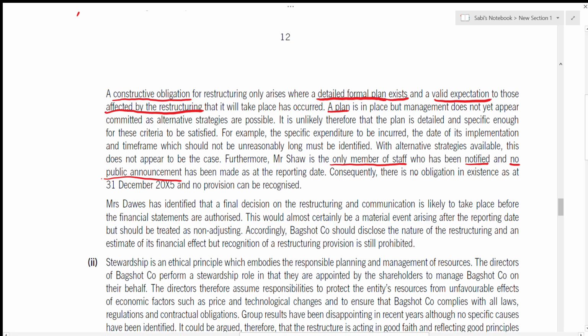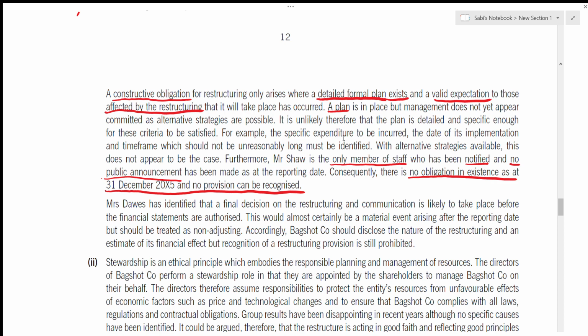Now just see. This line is very, very important. This is your conclusion and you will be getting 1 mark for this whole thing. Based on everything you said, this is your conclusion. No obligation in existence. First, you have to prove that there's an obligation. Now, because the obligation does not exist as at 31st December 2005, you have to mention the date, by the way, right?